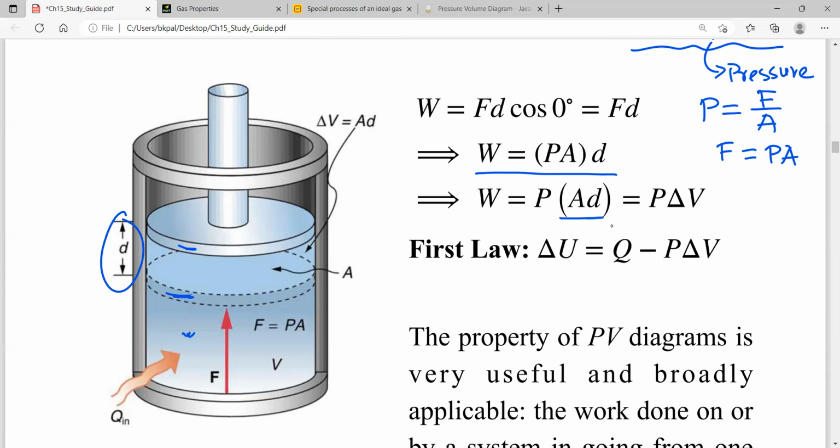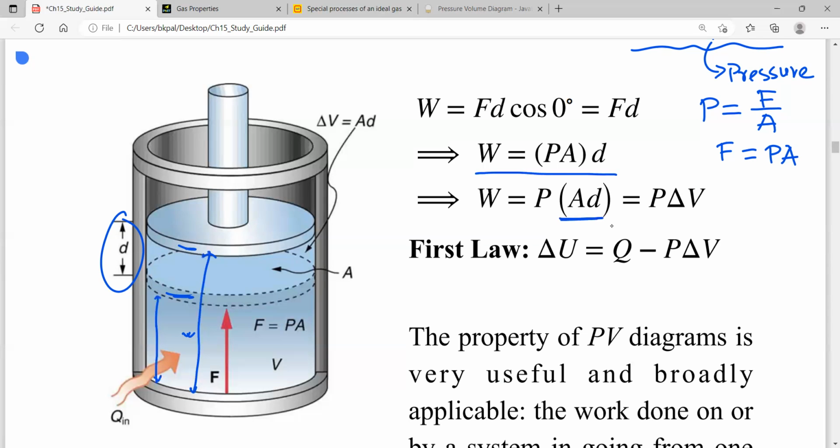Now in Ad, A is the cross-sectional area and d is the displacement. Initially the volume is this, and the final volume is this.